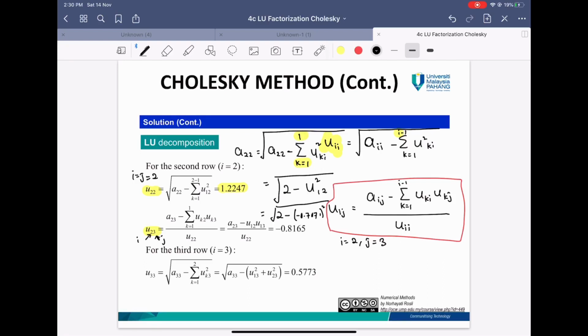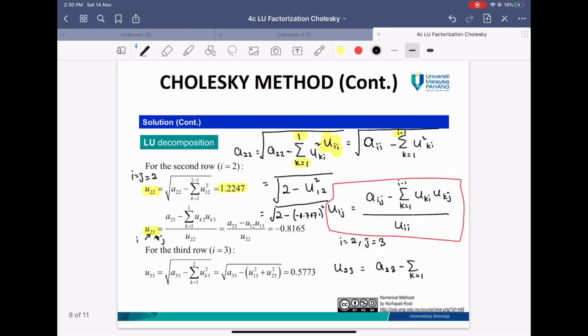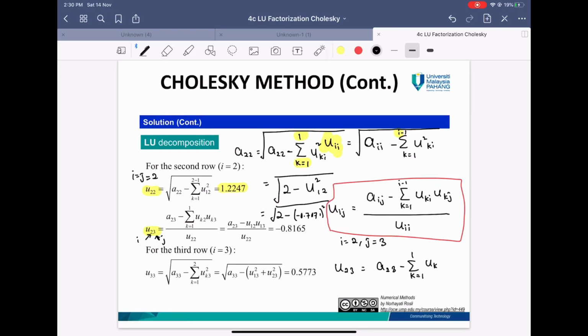We will get U23 is equal to A23 minus the sum from k equal to 1 to i minus 1, which is 2 minus 1 is 1, of UKI, UKJ, divided by UII, where our i is 2. So for this one, we will get U23 equal to A23.